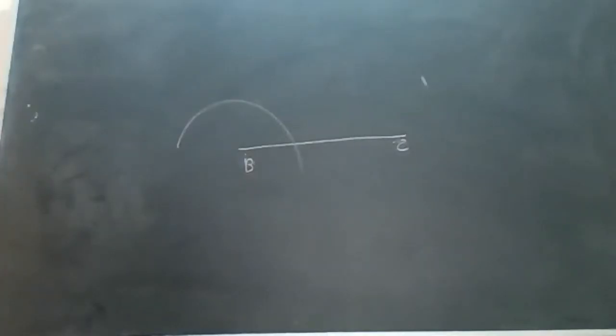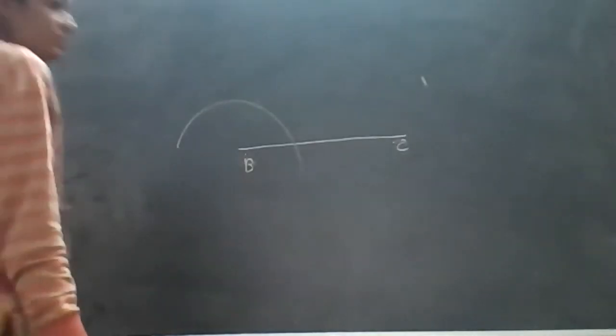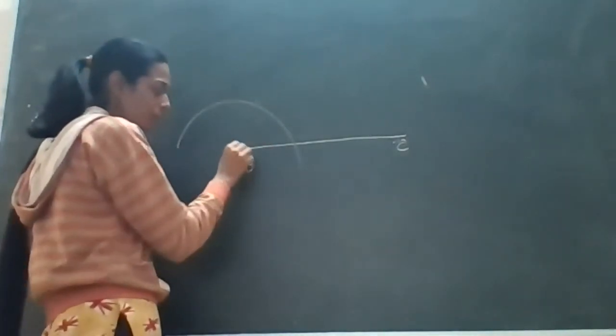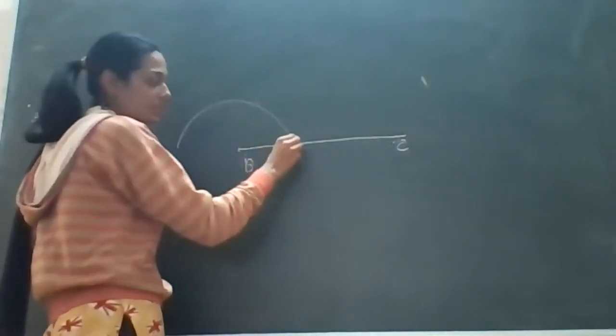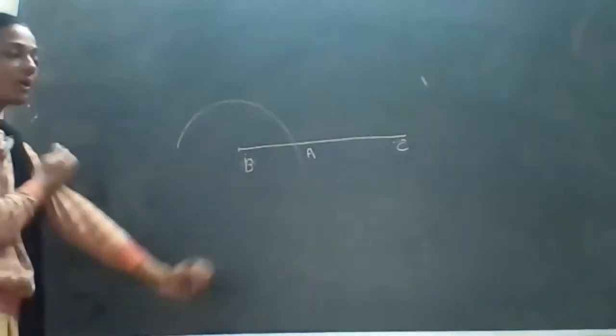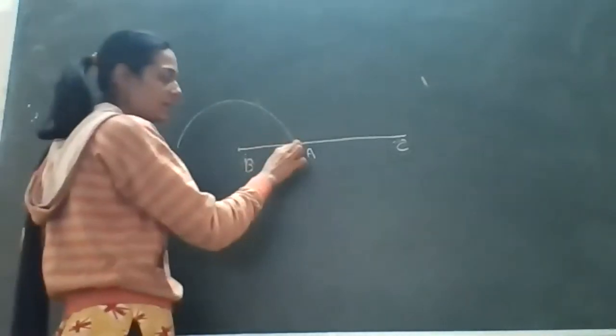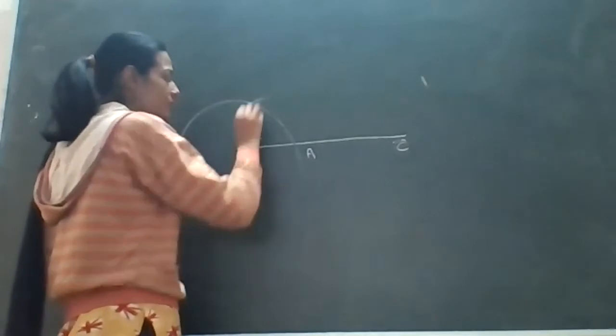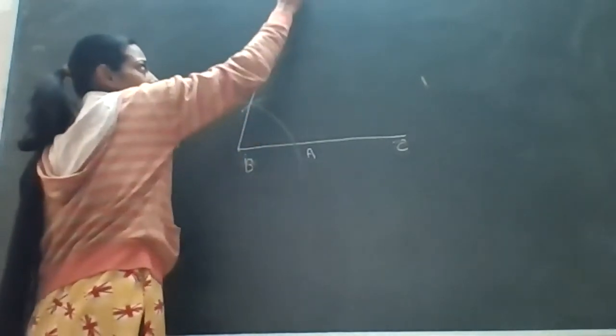I am not using that, but you have to use it when you are constructing. Now, from this point you make this half circle, which intersects BC at the point A. Now, from this A, you have to take the same radius that we have taken before and draw one arc that will become your 60 degree.